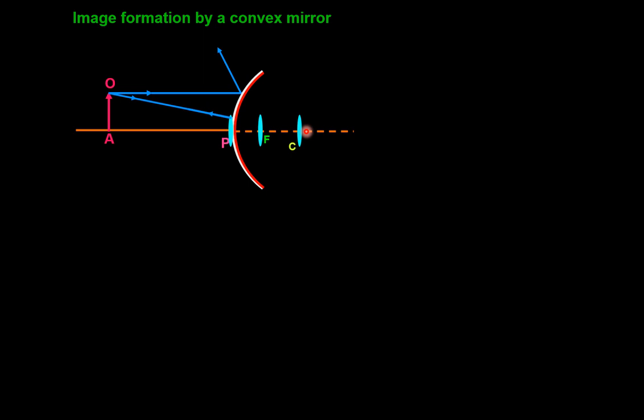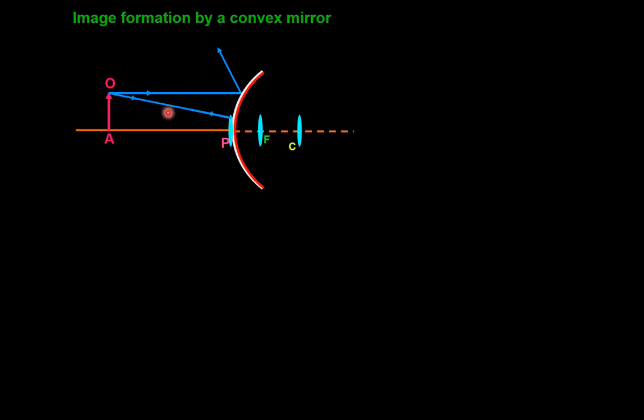Whenever a light ray is directed towards the center of curvature, after reflection it will retrace its path. Since the light cannot go behind the mirror, after reflection it simply retraces its path.